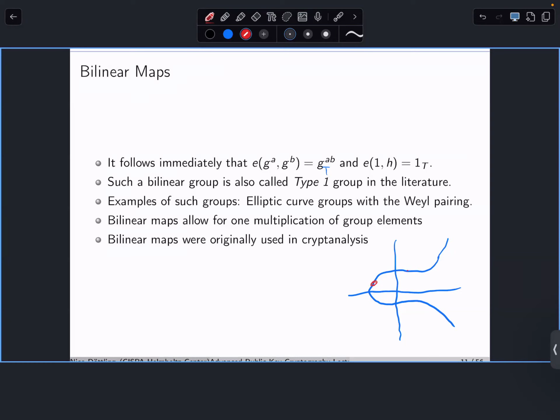You have 2 points, and you can define a group law by putting a line through these 2 points. Such an elliptic curve is a degree 3 curve, so there's always going to be a unique third point where this line crosses the curve.